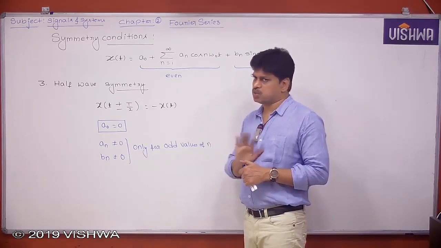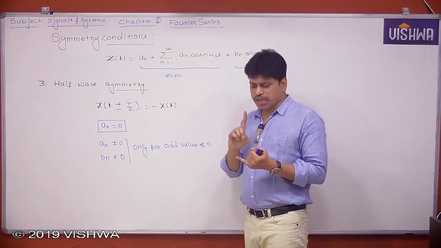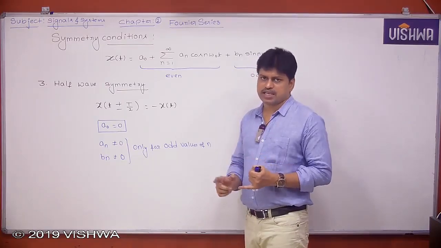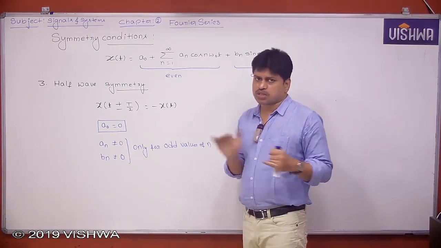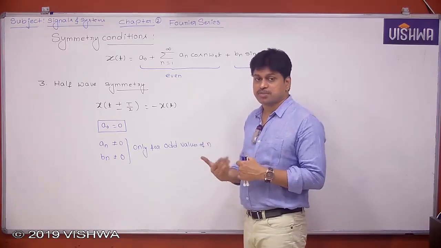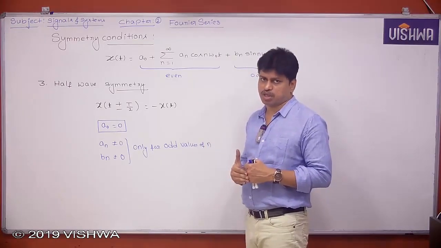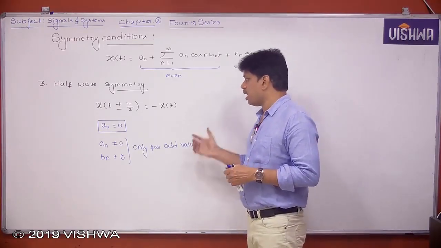Only odd harmonics, no even harmonics. That means we don't have any components like sine 2 omega naught, sine 4 omega naught. There are no such terms, because those would be even harmonics. So it has only odd harmonics.